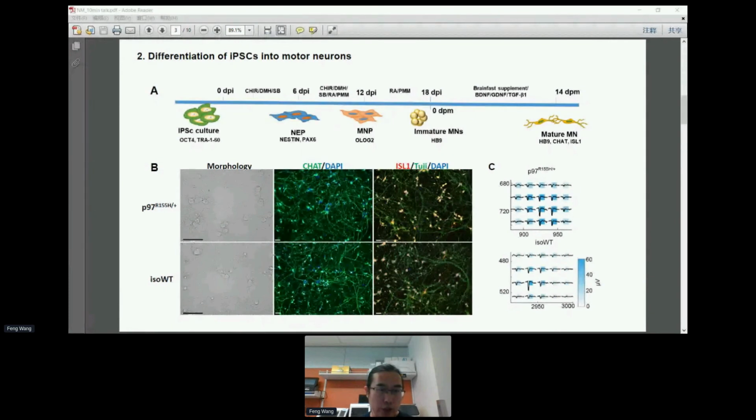We can see a lot of neurons, and they are really neuron-like. We also use motor neuron markers for IF staining, and we see positive staining of ChAT, ISL1 and 2. The third thing, we want to know whether the mature neurons are really functional. So we use the Maxwell chip to detect neuron activity, and we do see signal from both mutant neurons and wild type neurons.